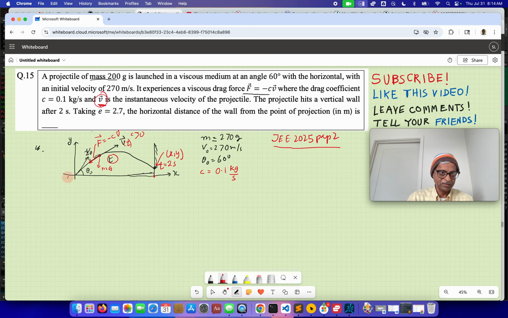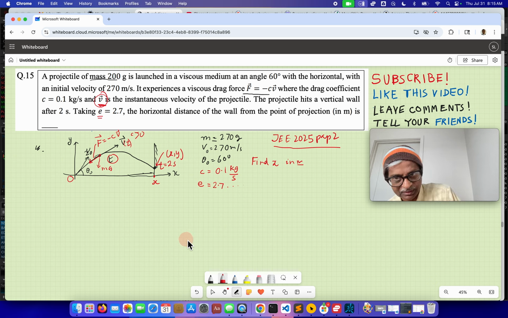So this x is 0 here. That's the x. So we are supposed to find what value of x. So find x in meter. We're supposed to use this Euler E, which is irrational, but just use 2.7. You know it goes on forever, but just clip it here.